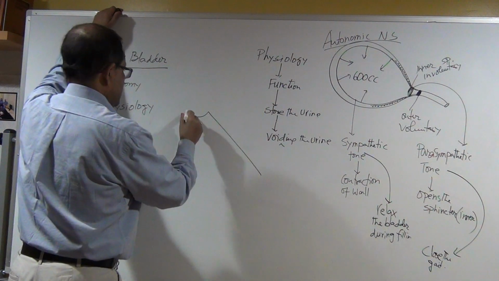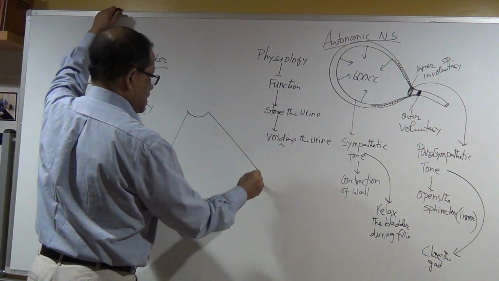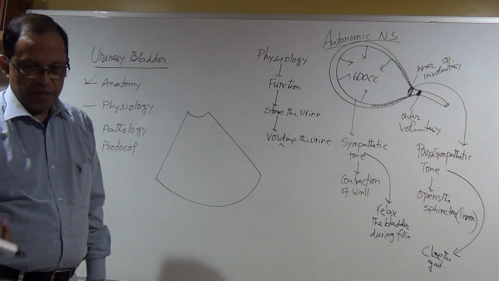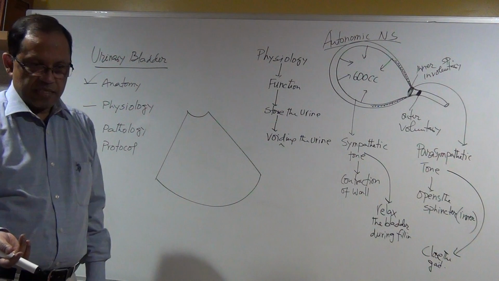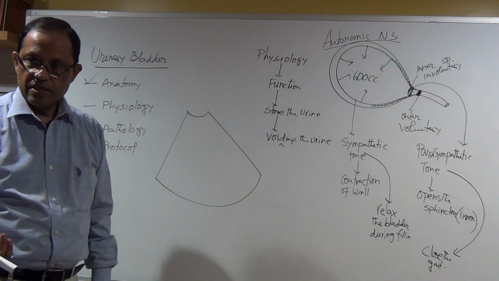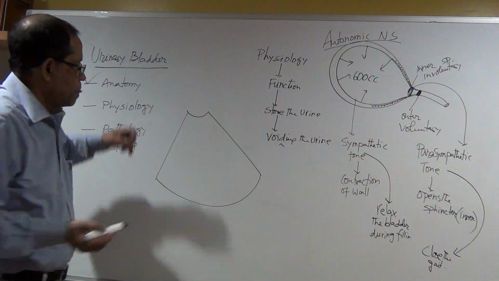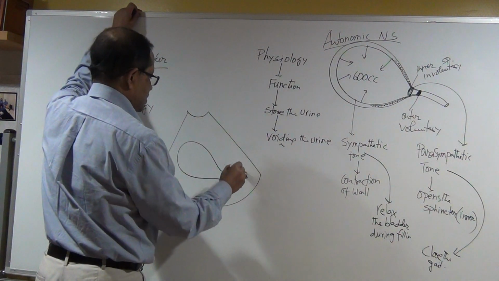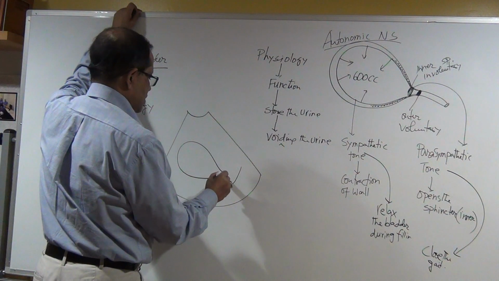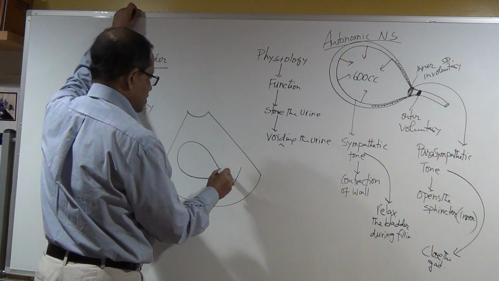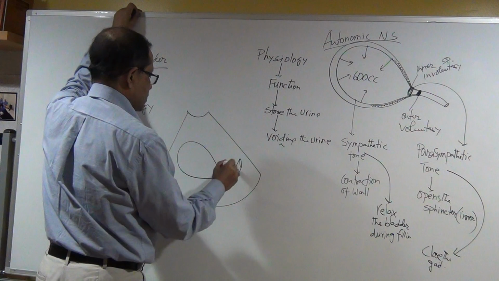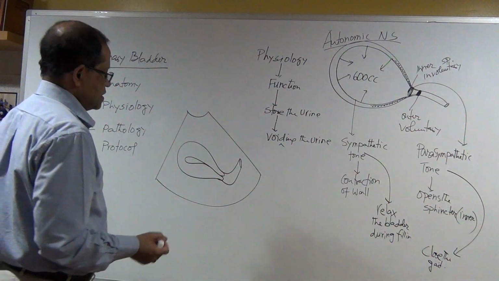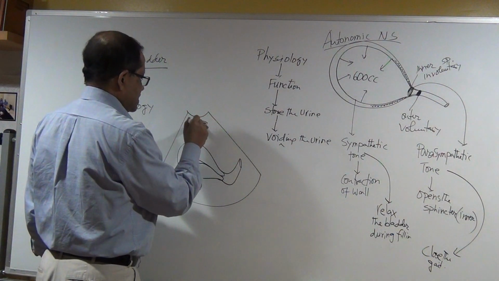If somebody says, can you check the bladder and urethra for the female, is it autonomic bladder or not? So first of all, the bladder must be full. This is uterus and the bladder is here.